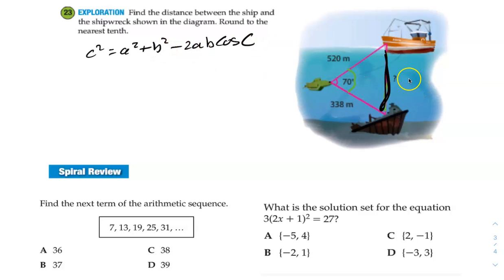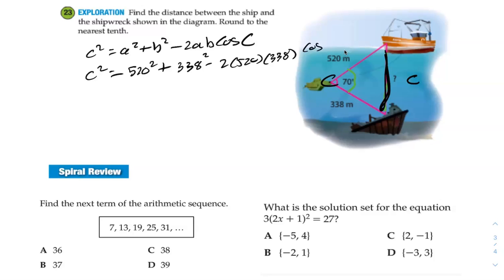That's my C, capital C, my angle C. So it's going to be C squared equals A squared plus B squared, these two sides, minus 2 times 520 times 338 times cosine of 70 degrees. And again, notice I have every single thing in there. Just plug that all into your calculator, that big old mess with those big numbers.